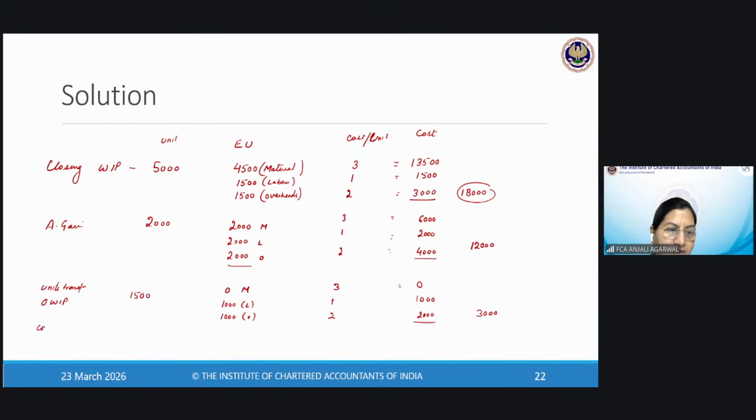And completed and transferred, introduced and completed in this period, 13,500. 13,500 would be 13,500 as far as material is concerned, labor is concerned, and overheads are concerned. At the rate of 3, 1, and 2.